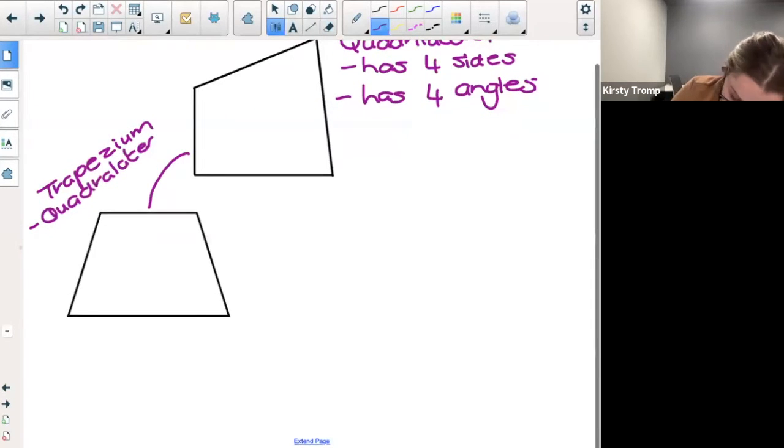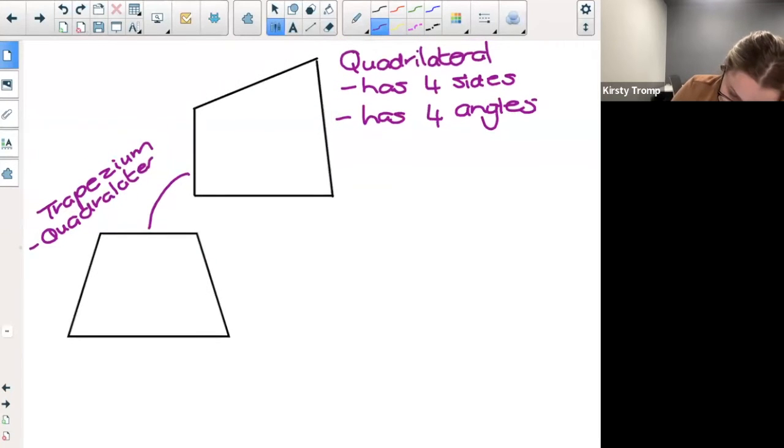Let me correct my spelling quickly. It's a quadrilateral. If it's a quadrilateral, it means that it's got 4 sides and it's got 4 angles.